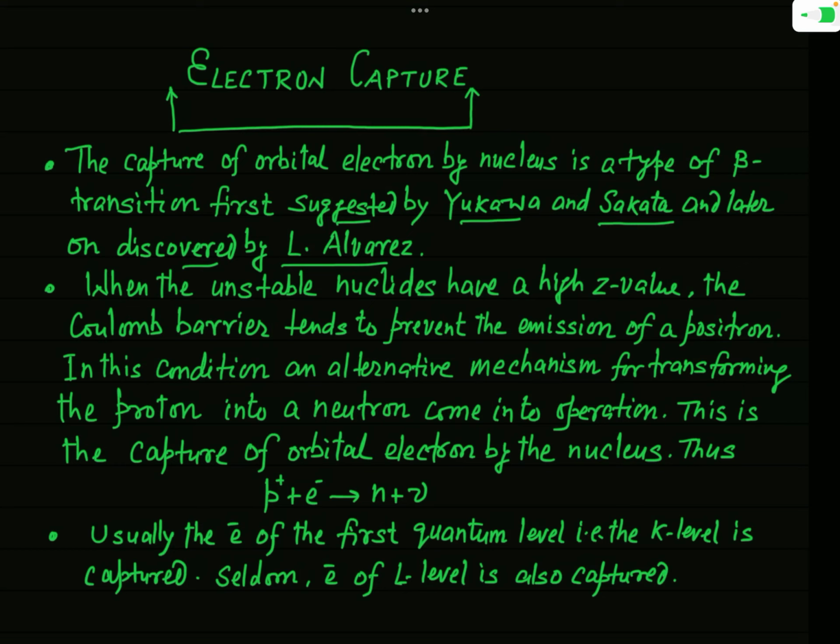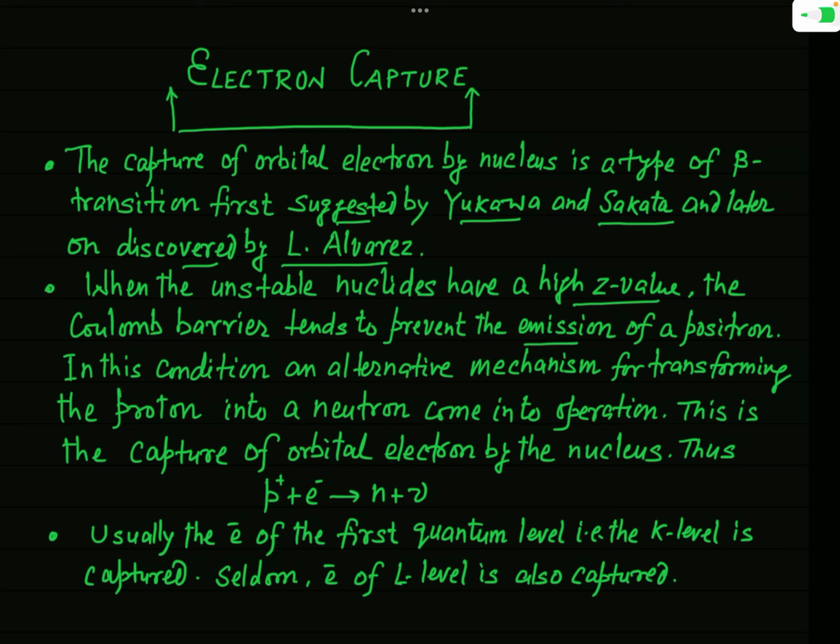In fact, it is seen that if the nuclei have a high Z value, that is a high number of protons, then the Coulomb barrier is very high, and this high Coulomb barrier tends to prevent the emission of positron.